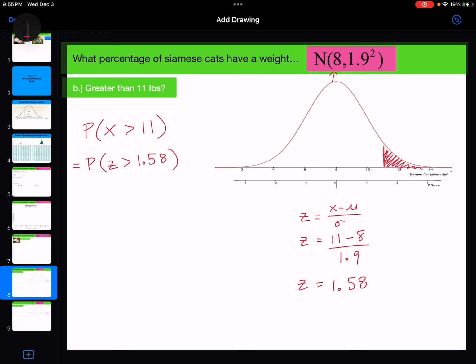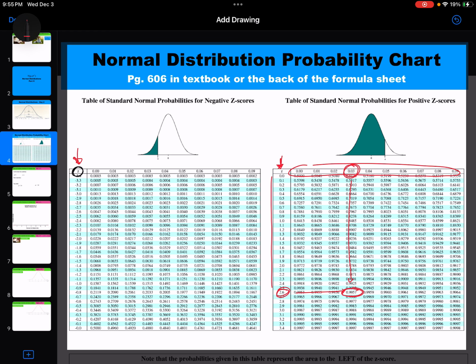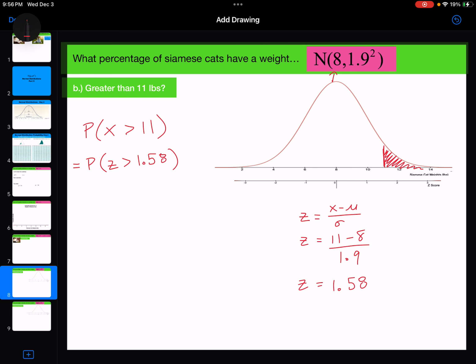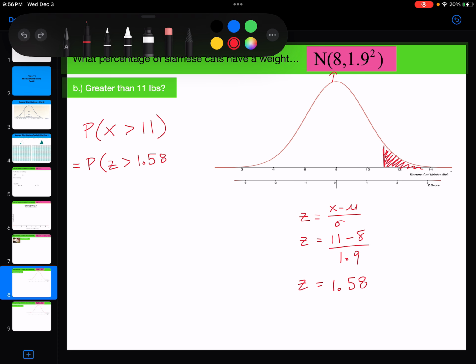All right, now the only problem is when I look back at my chart, the chart diagram, both pictures show me that it's less than. Your probability distribution chart for normal, all these data values, is always a less than. So I can't actually look up a greater than, but I know the total area. What was the total area again? Total area was 1 or 100%. Okay, so if I know the total area and I can look up the area below, that means I can find the area above.